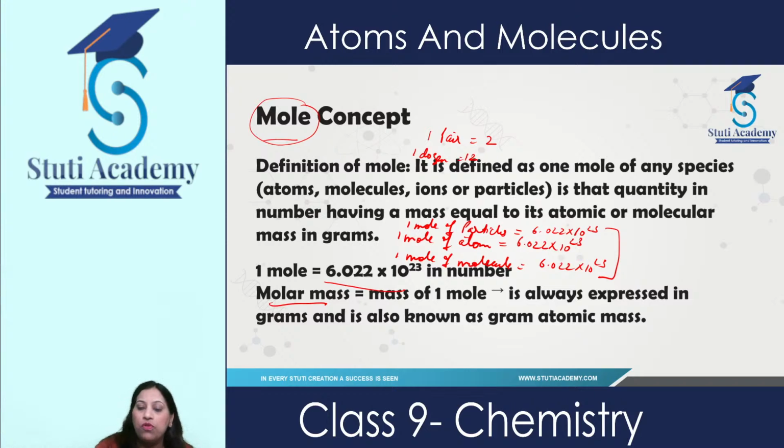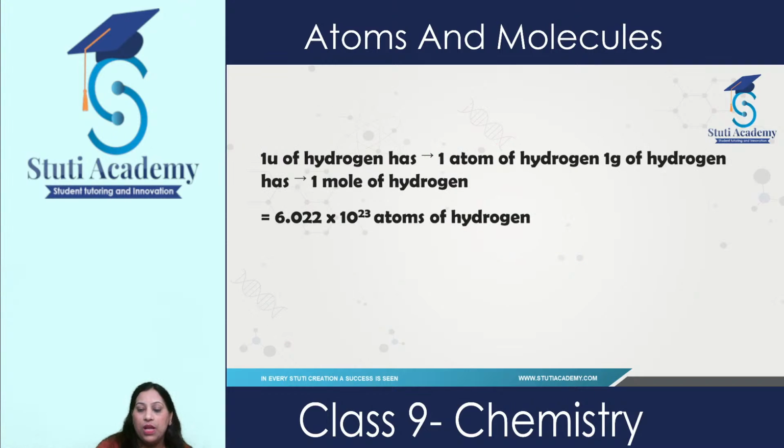And when we want to find out, suppose 1 U of hydrogen, U is the unified mass, or we can write atomic mass unit, AMU, or simply U, that is unified mass.